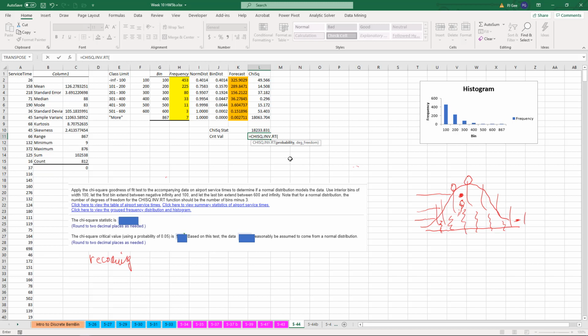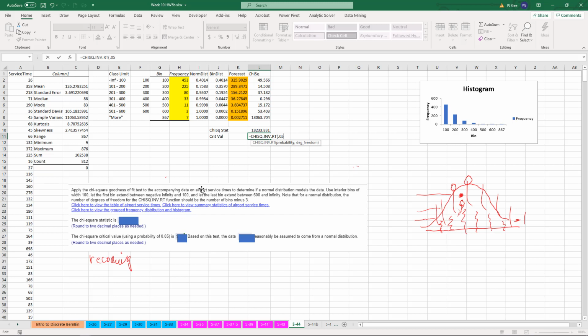It told us 0.05 if I'm correct. I think we can go by the book. Oh, there it is. So the next question we're going to be asked is 0.05. It tells us to use 0.05.